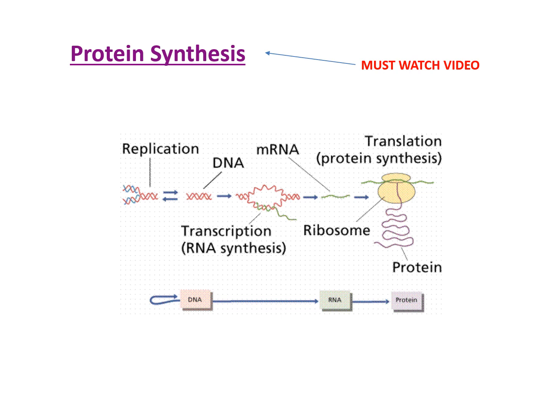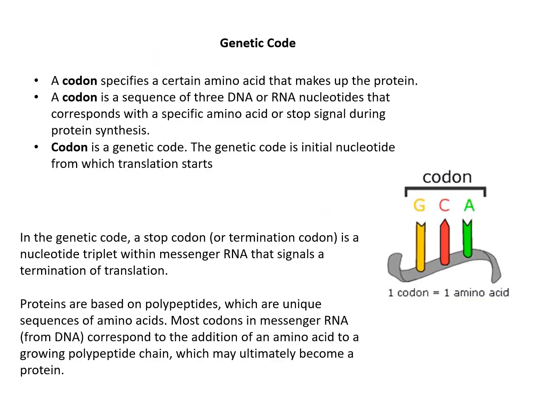All this is happening within the nucleus. Okay? Then it floats out of the nucleus into the cytoplasm. We now are going to be reading this strand of messenger RNA with a ribosome and tRNA, and then it reads the code to create the protein. That's it. That video will show you some more.